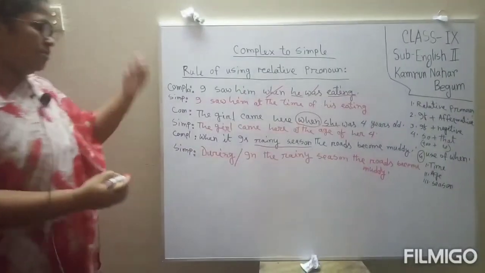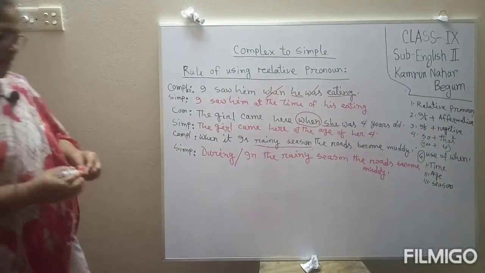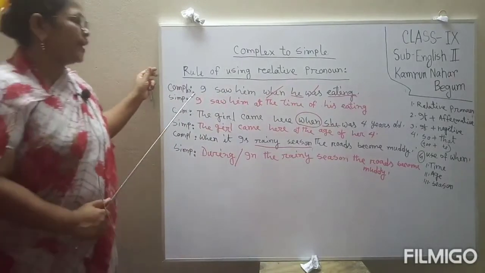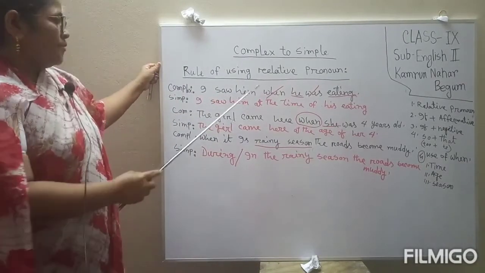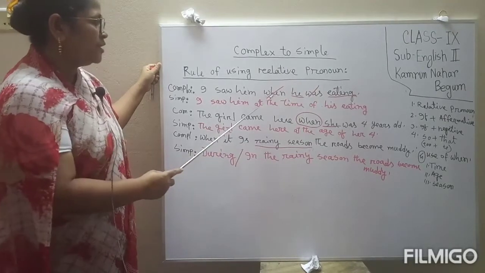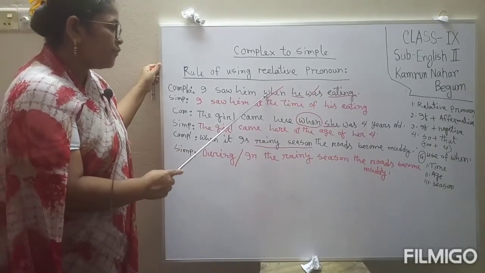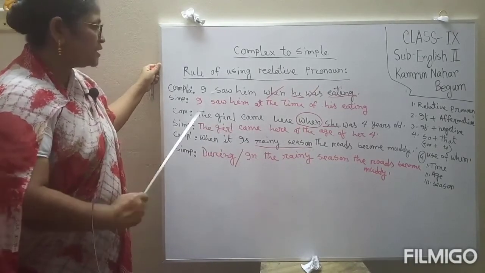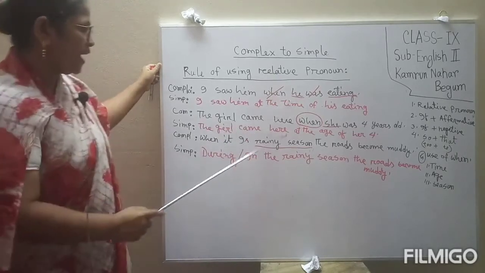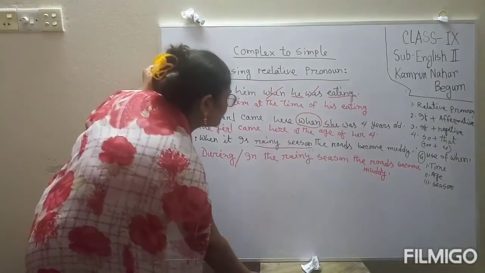Yes. Now, maybe you can understand what has happened using when. First, when mentions the time, and in the replacement of when, making a simple sentence, we will write at the time of.